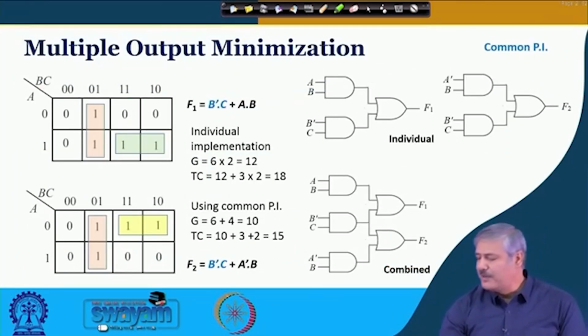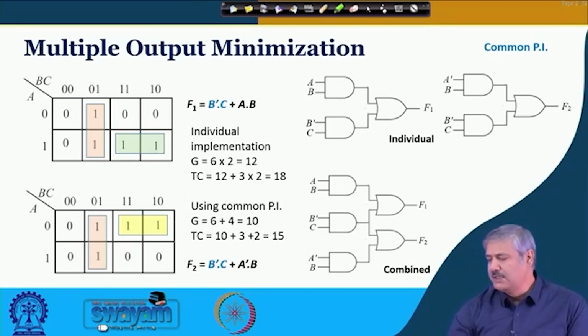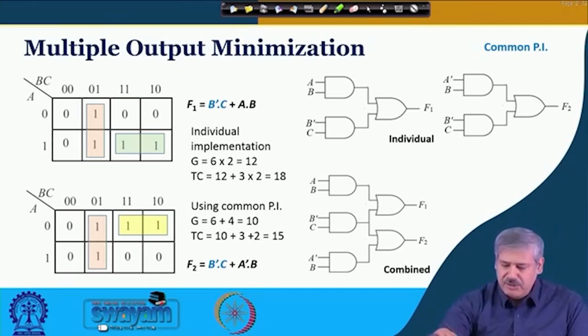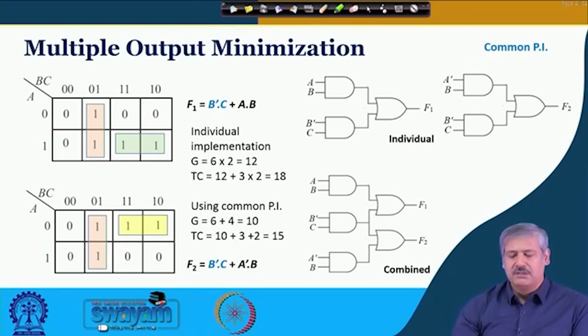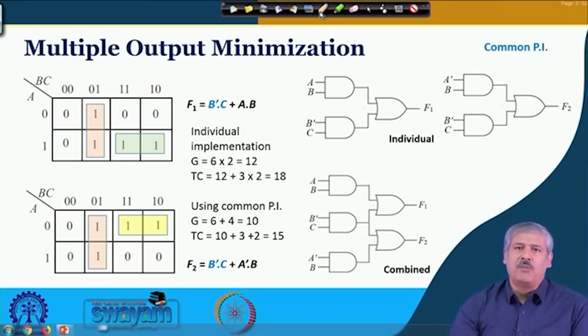Now we come to the multiple output minimization problem, and we will keep this cost aspect in our mind. What we see is that there are various possibilities. In the first case, we look at the problem where, between the two functions that are to be realized, the common term is a prime implicant in both places.